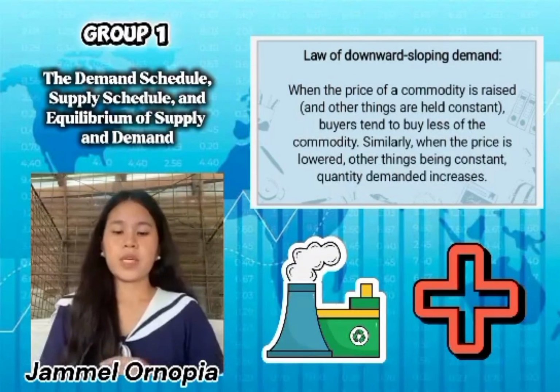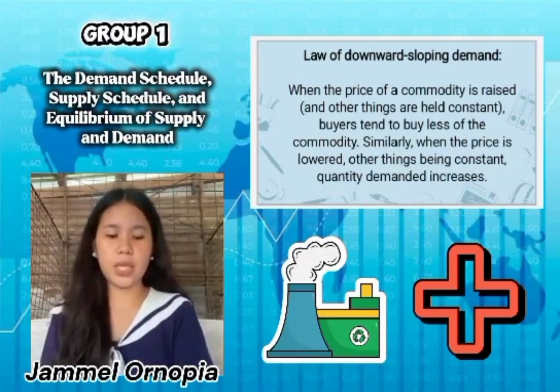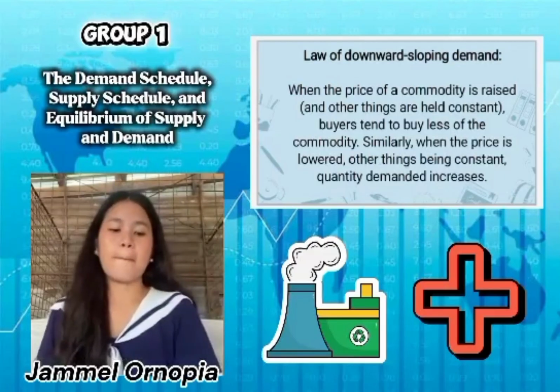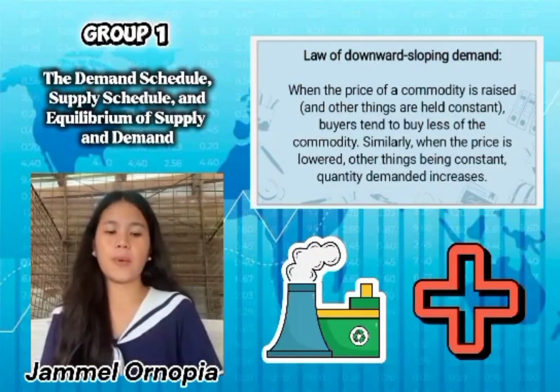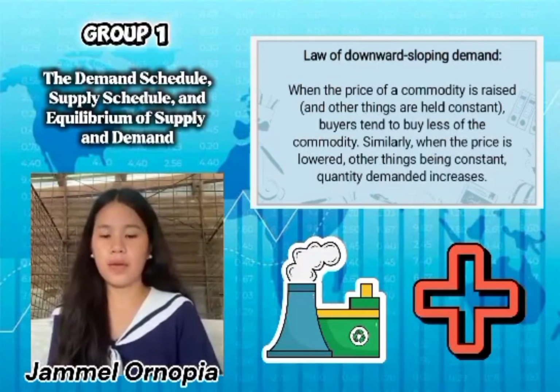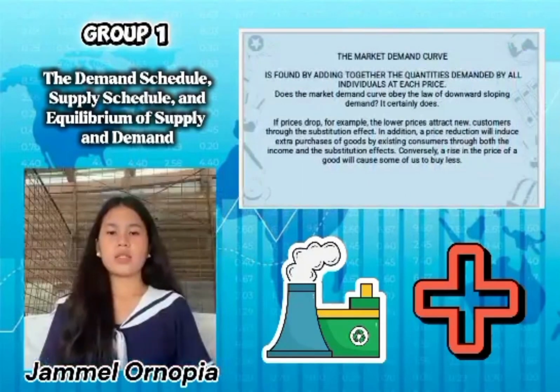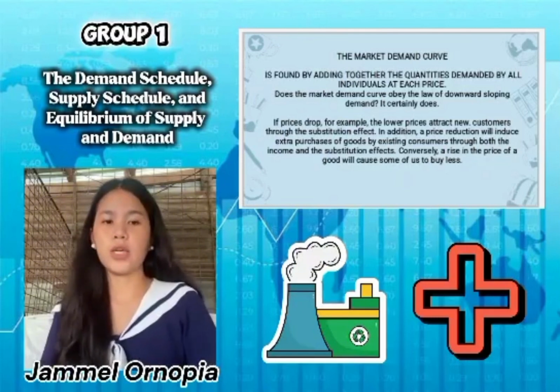So in short, the downward slope of the demand curve is proof that price and demand move in opposite directions, a principle true for almost everything people buy. So the meaning of the law of downward sloping demand.